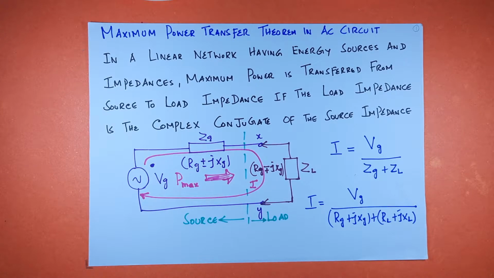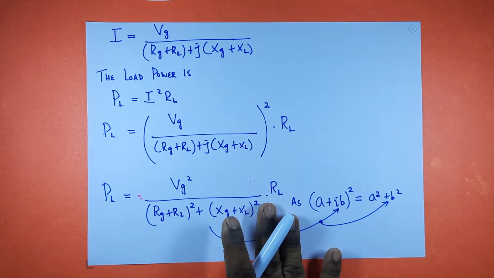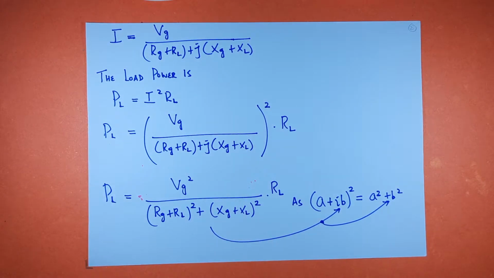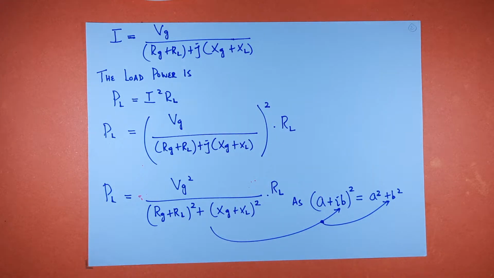Now you can combine Rg and RL, the real parts, and Xg and XL, the imaginary parts. So you get I equal to Vg divided by Rg plus RL plus j into Xg plus XL.